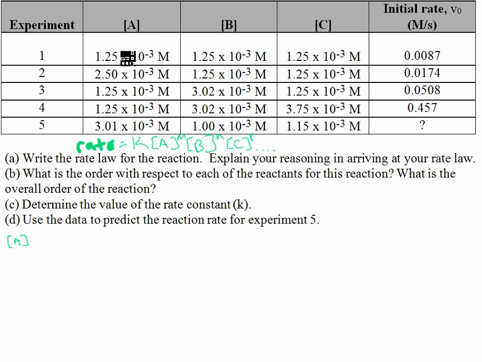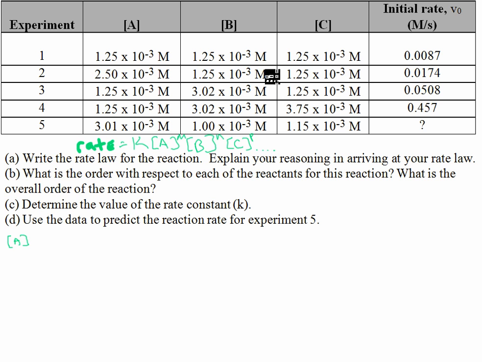It looks like if we look at experiments 1 and 2, in experiment 1, A is 1.25 times 10 to the negative third, and in experiment 2, A is some different number. But for substances B and C, those are the same. It's not necessarily important that they're the same as each other.